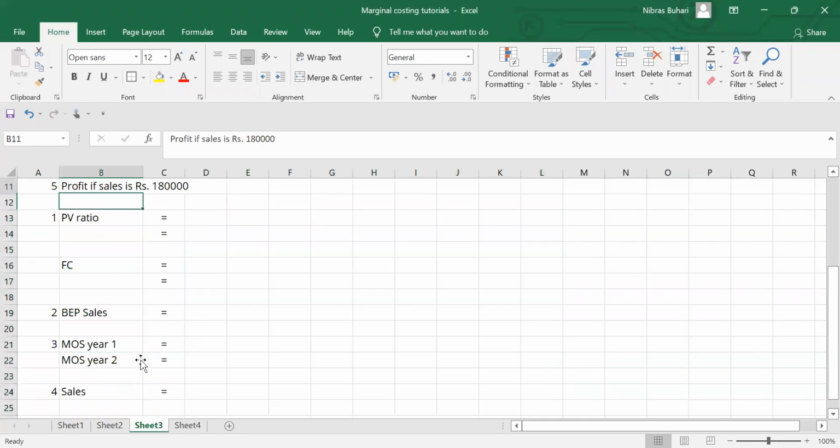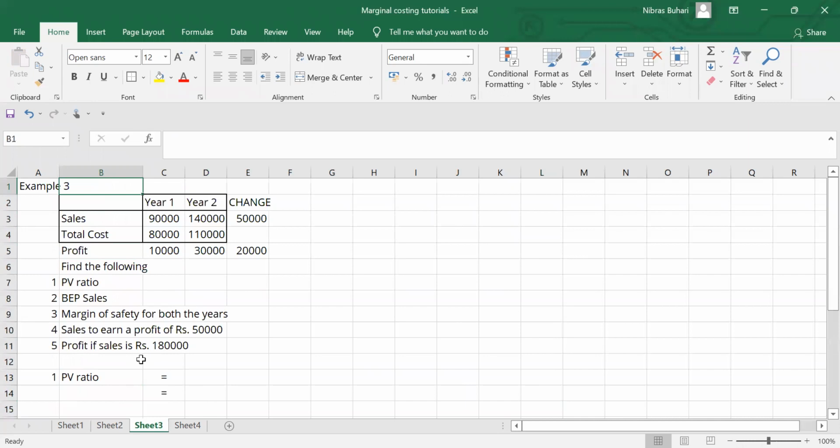The third example is slightly different because this is called a 2-period model. I have given sales for 2 years and total cost for 2 years. See, I didn't give this to you.